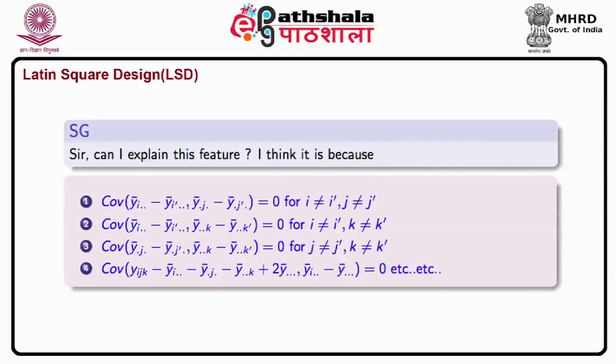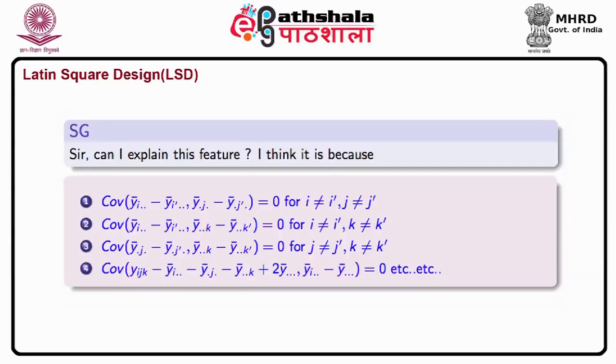I think it is because the covariance between y bar I naught naught minus y bar I prime naught naught and y bar naught j naught minus y bar naught j prime naught is equal to 0, etc. Yes. So what we are saying is that in this model, if I look at the difference of the treatment effects, it is estimated by the corresponding difference of the sample means.